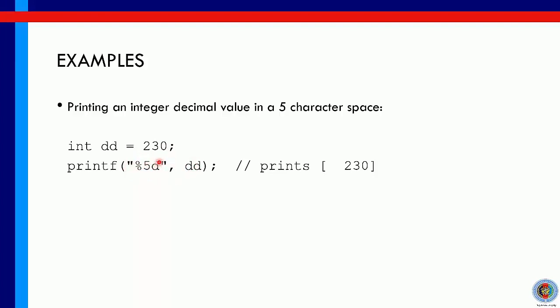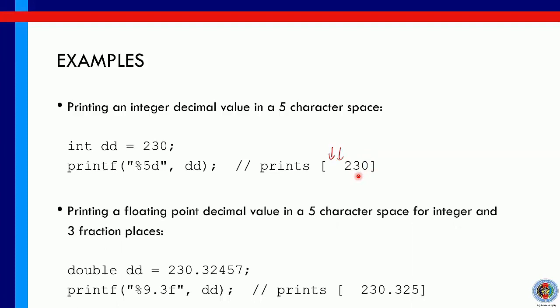This will print, yes, of course it will print 230, but there will be two empty spaces, because we say we want a minimum of 5 spaces to print dd. So 5 spaces are given to us, but because the value is only in the range of 100, we only make use 3 out of 5 spaces.